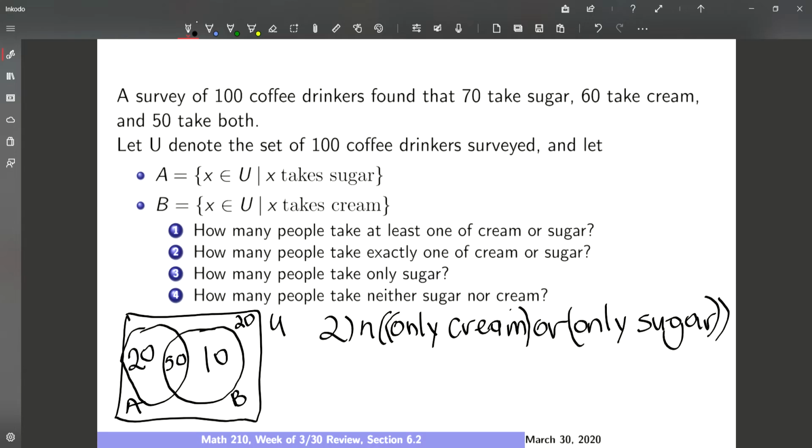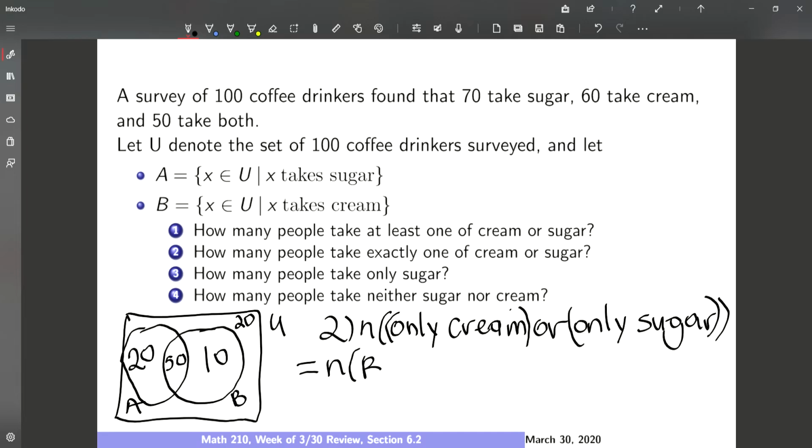Okay, so now using the actual sets A and B, how do we write this? This is the number of people who, only cream means we only want the set B, which means we want B and not A, right?